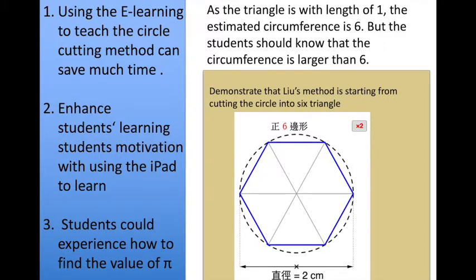As the triangles have sides of length 1, the estimated circumference is 6. But it is very obvious that the students will all know that the circumference is larger than 6.